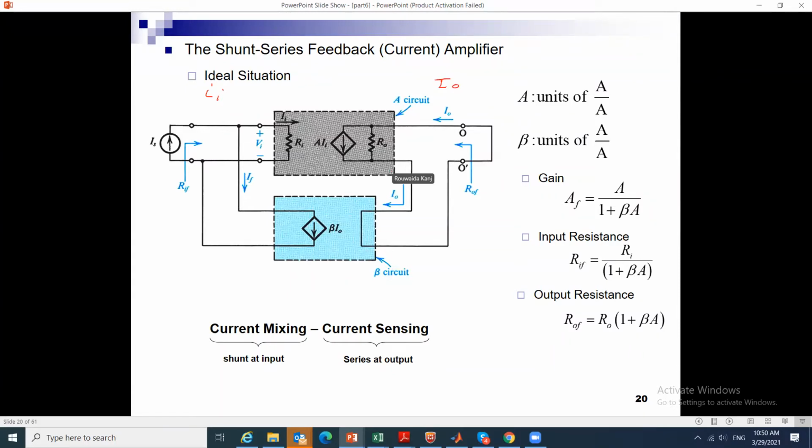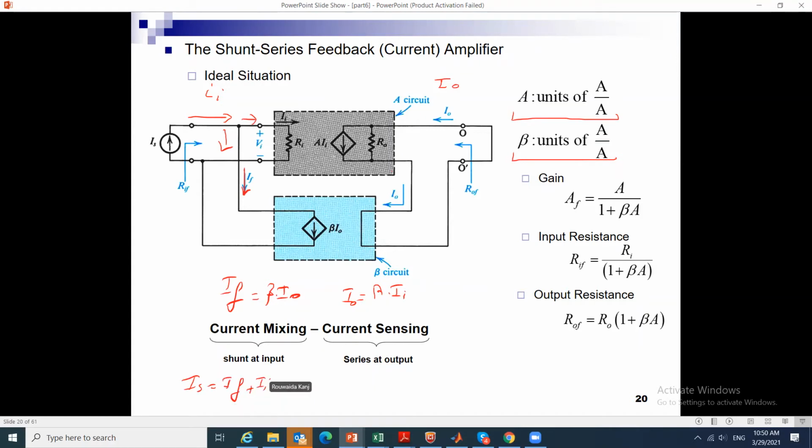Okay, so the unit of A is amps per amp. The unit of beta is amp per amp. Again, my output current, since I have an ideal load, is going to be equal to A times II. And my feedback current here is equal to beta times IO. And my current IS is equal to IF plus II.